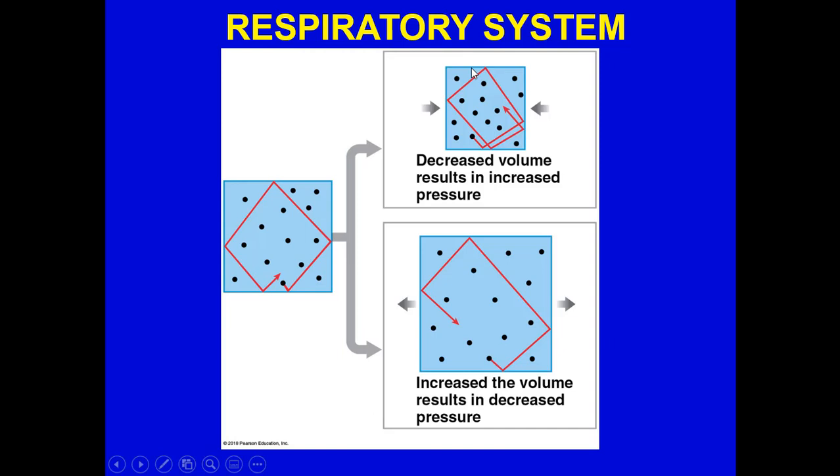If I decrease this volume, I'm going to have more of these gas molecules colliding with the walls, creating the increase in pressure. If I increase the volume, greater than this, obviously, what's going to happen is now I have decreased the pressure. There is now more room where gas molecules move around and will not bang against the walls, and thereby you have a decreased gas pressure.